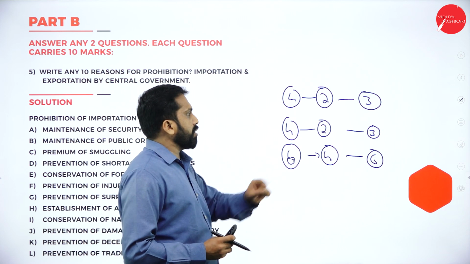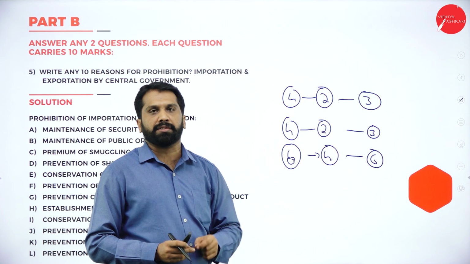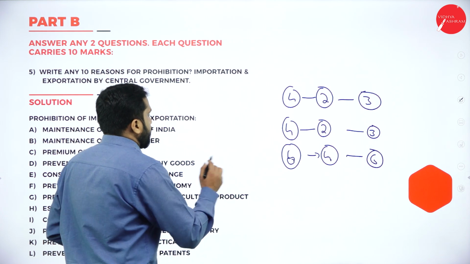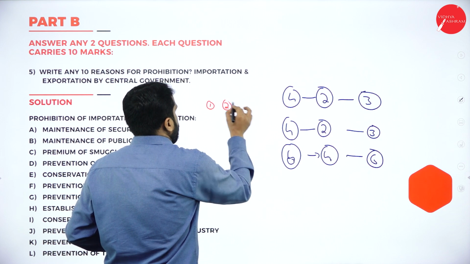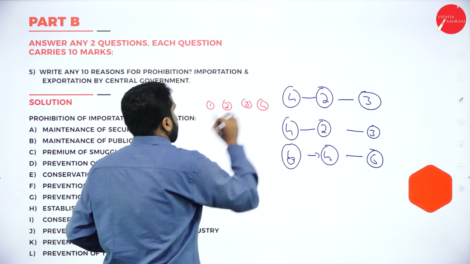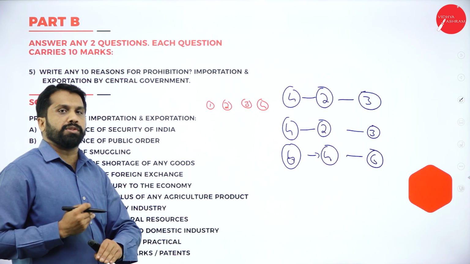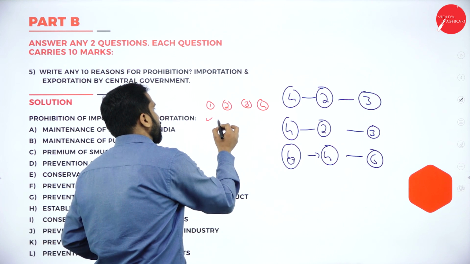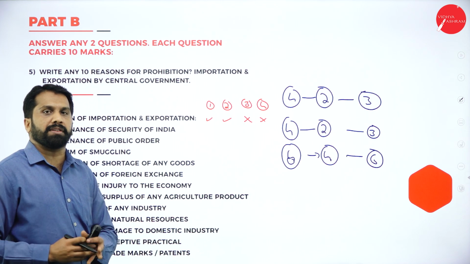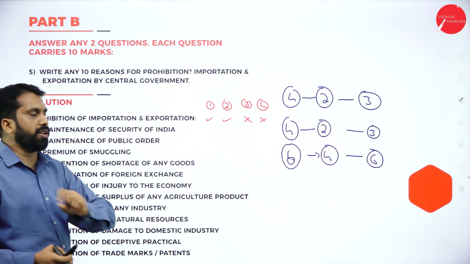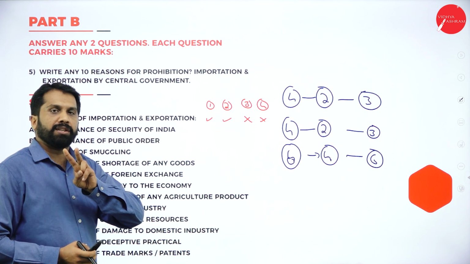What is the advantage of attending 1 extra question? Example, in the part A, you have total question 1, 2, 3, 4. Earlier what you used to do? You attended question 1, question 2, 3 and 4 you skipped. Why? Because as per the instruction you are supposed to attend any 2.